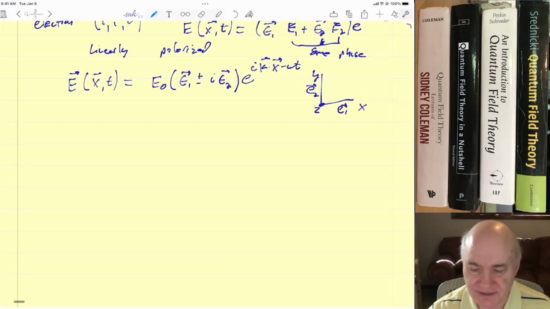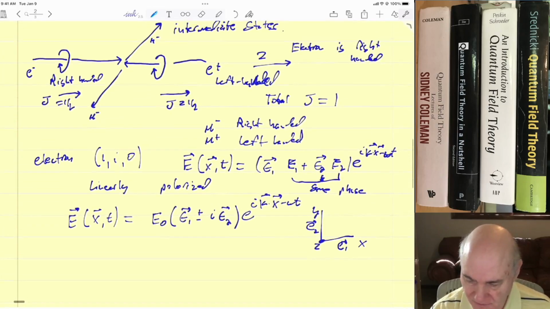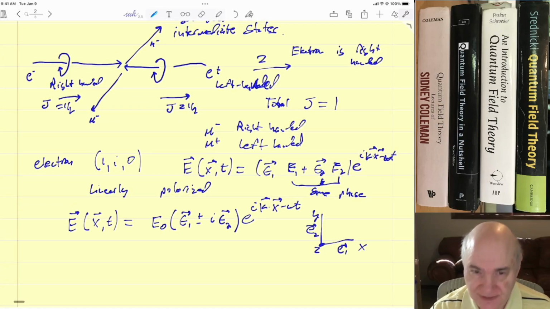So I'm just writing down here what these polarization vectors are. For a linearly polarized wave, as I discussed, and now for a circularly polarized wave, we have this, circular.